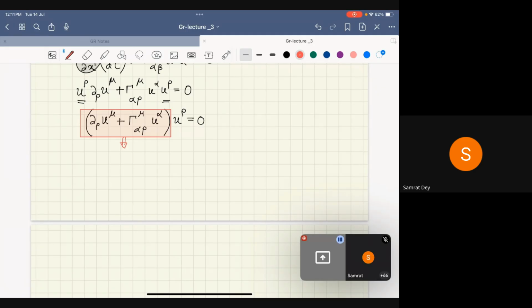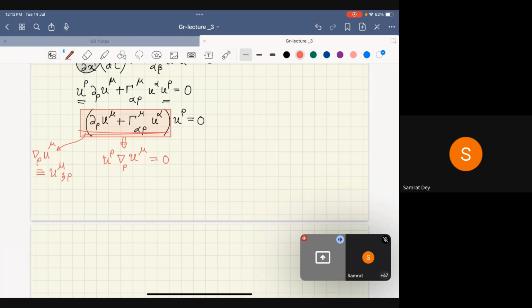This is nothing but the expression of the covariant derivative of the four-vector field u^mu, right? So this is exactly the covariant derivative with respect to rho of u^mu, that is, del_rho u^mu, or in our old notation, u^mu semicolon rho.